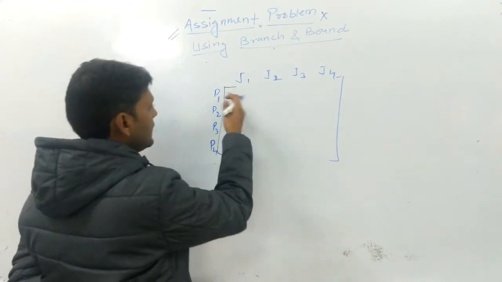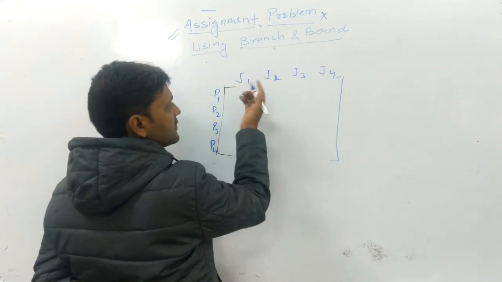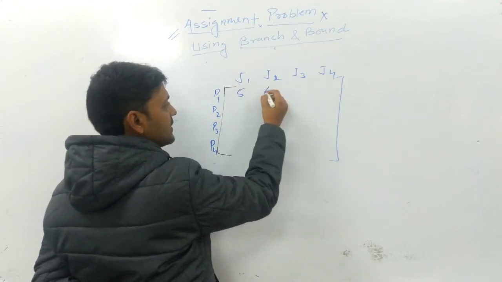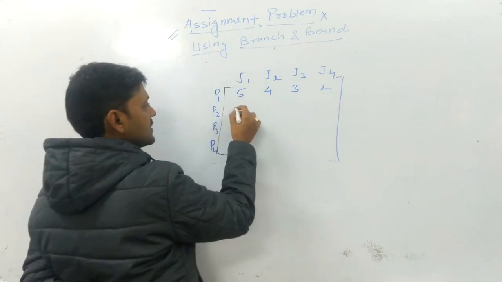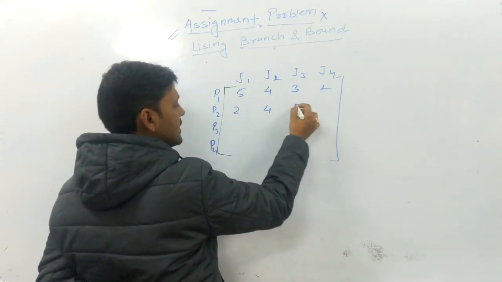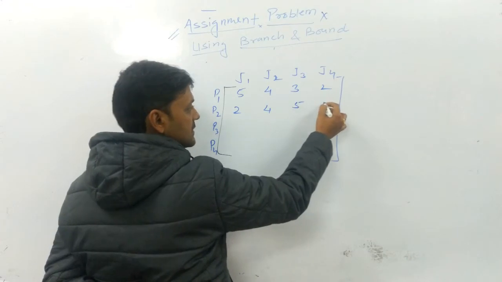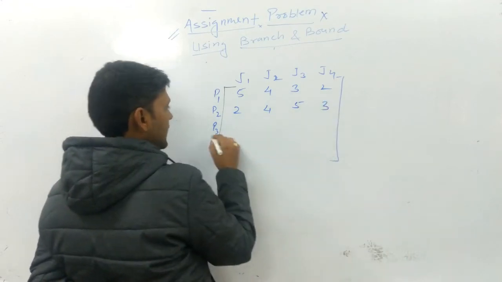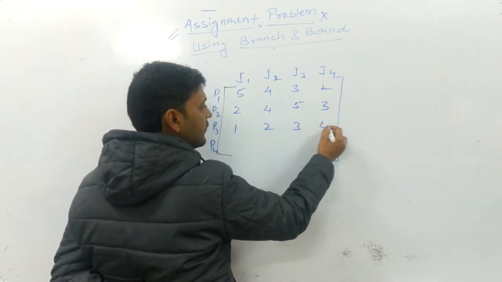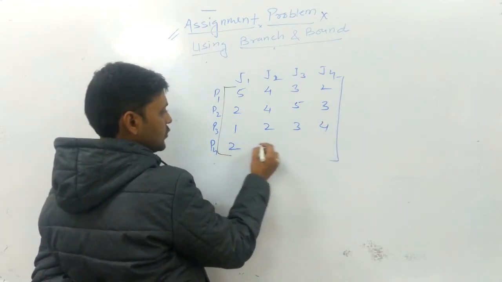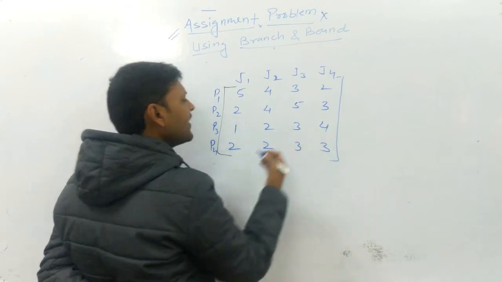P1 performing J1 utilizes 5, then 4, 3, 2. For P2, it is 2, 4, 5, 3. The next row is 1, 2, 3, 4, and the next one is 2, 2, 3, 3.